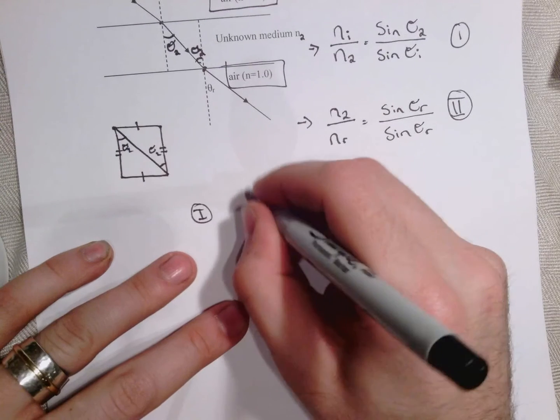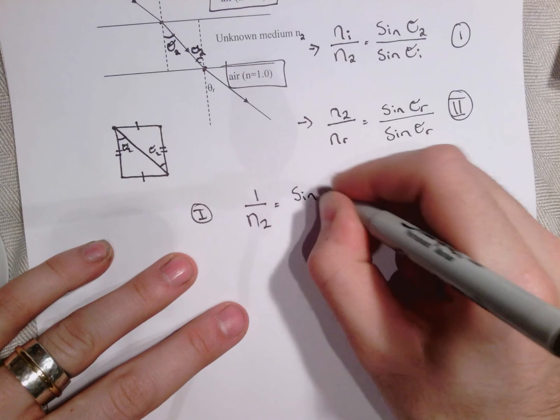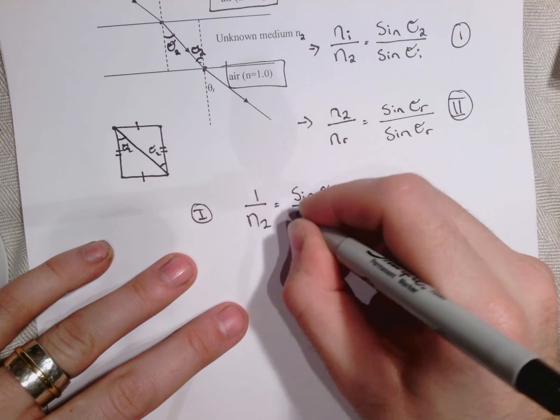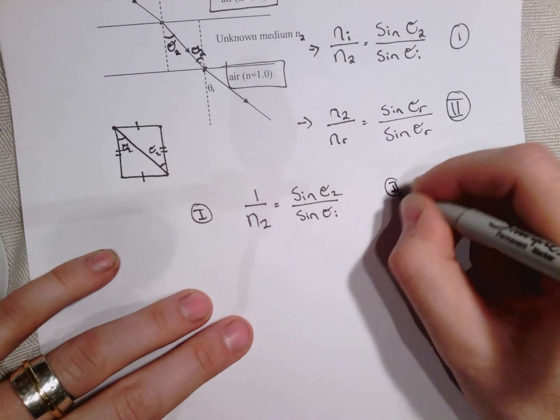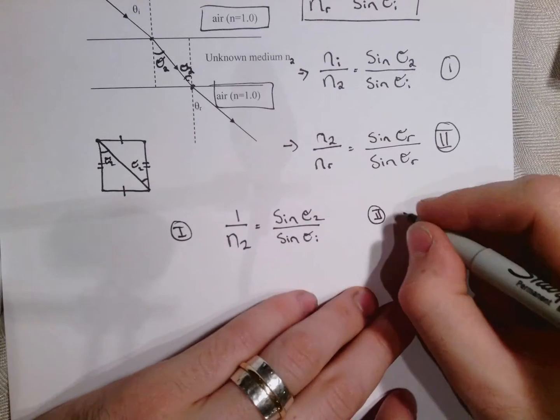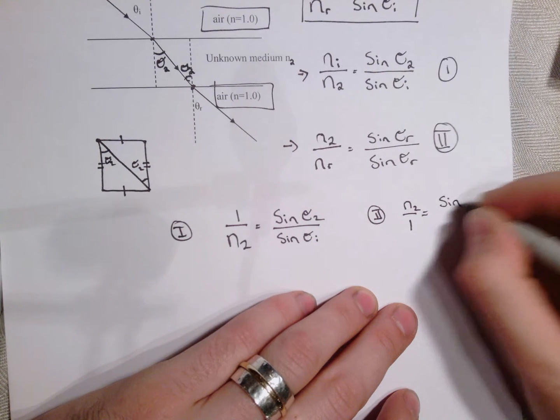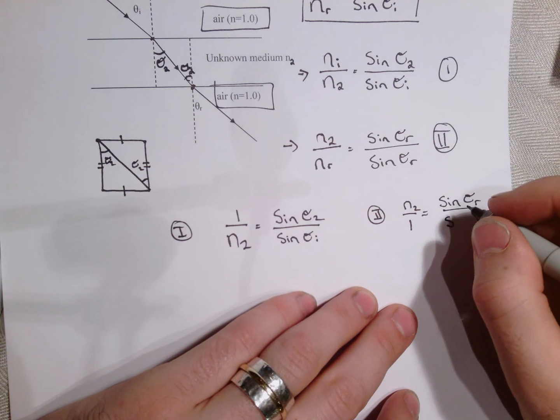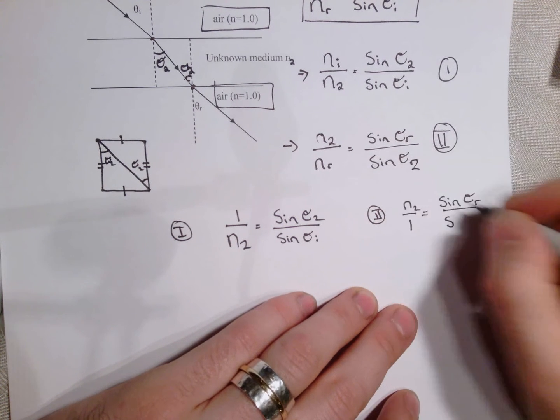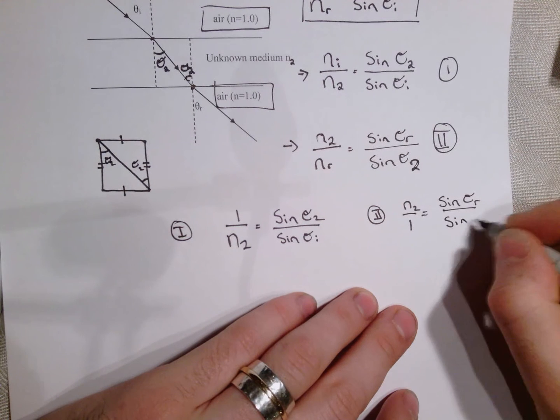If I rewrite equation 1, I now have 1 over n2 is equal to sine of theta 2 over sine of theta I. And if I rewrite equation 2, I get n2 over 1 is equal to sine of theta r over, my mistake, I just looked up and realized that this had to have been a 2, not an r. I apologize for that. Over sine of theta 2.